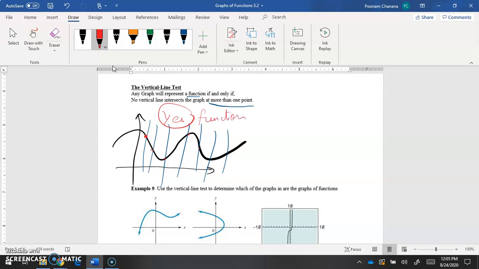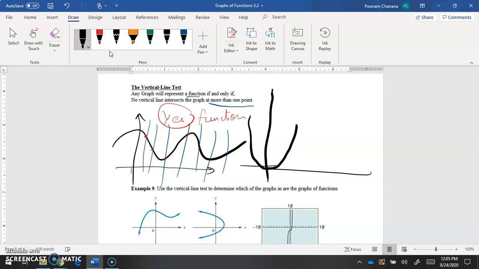But suppose there is a graph, let's take another example. Suppose we are taking a parabola. You know a parabola, something like this. Is this a function? What is the thing?